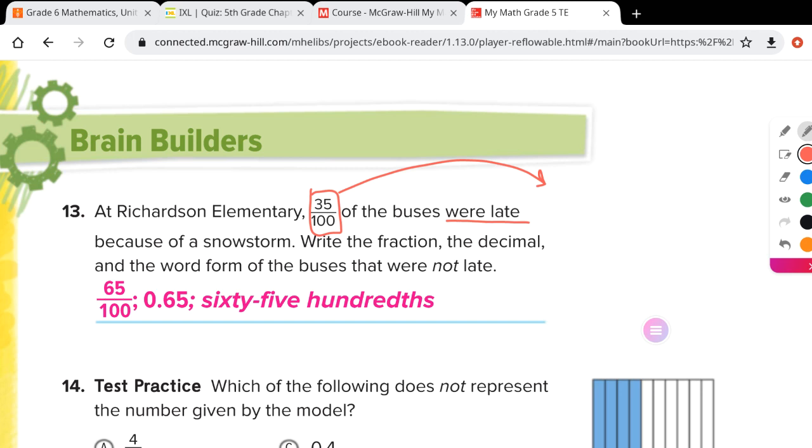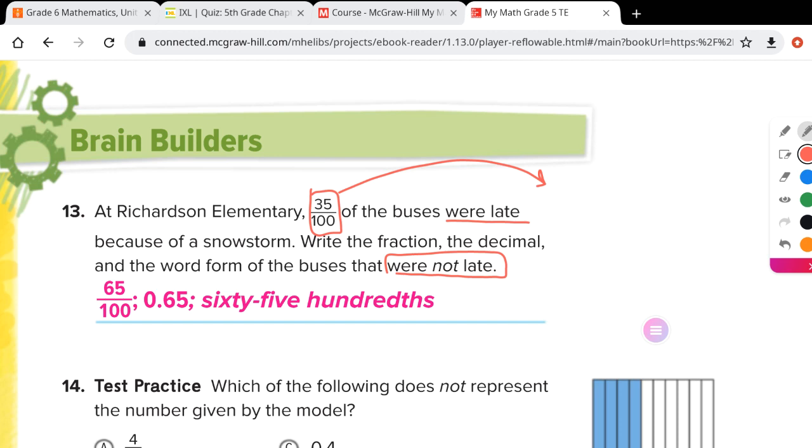Callie? 35 out of 100. Yeah, so 35 out of 100 were late. And this says it wants the fraction, decimal, and word form that were not late. So if 35 out of 100 were late, what math problem did you have to do? 100 minus 35. 100 minus 35 means 65 out of 100 were not late. So that one you just had to read carefully.